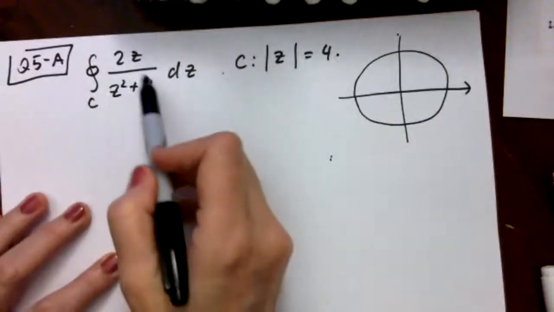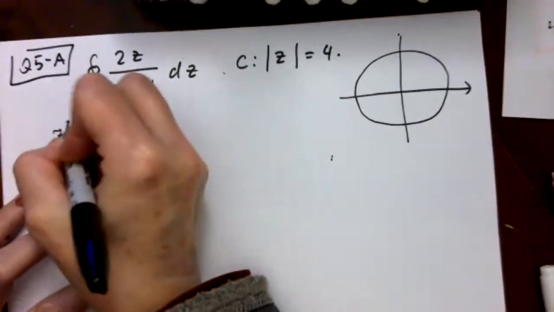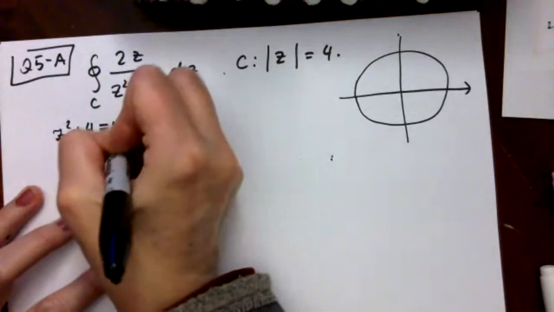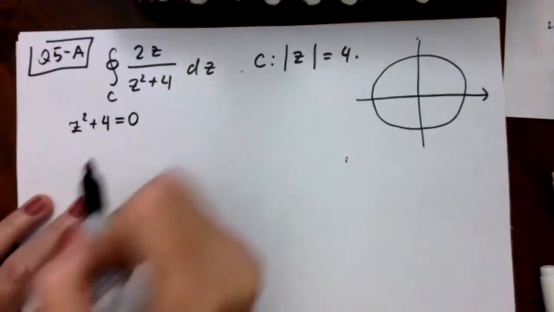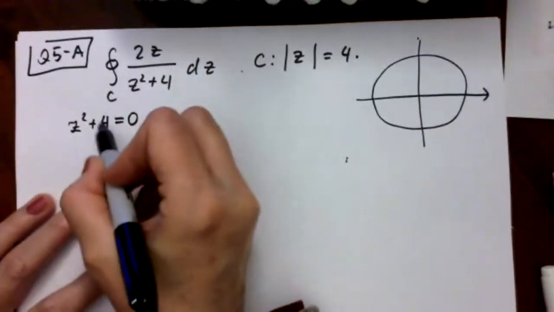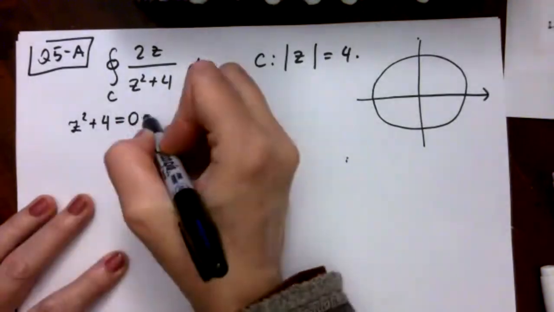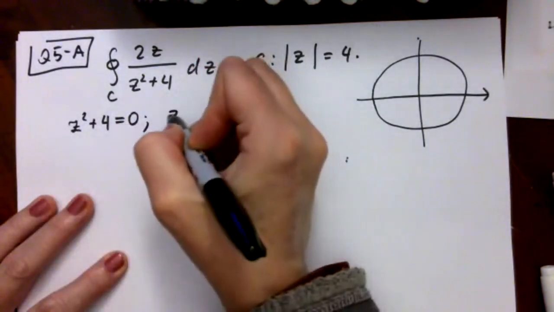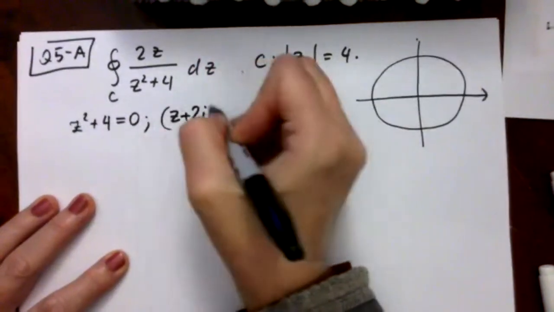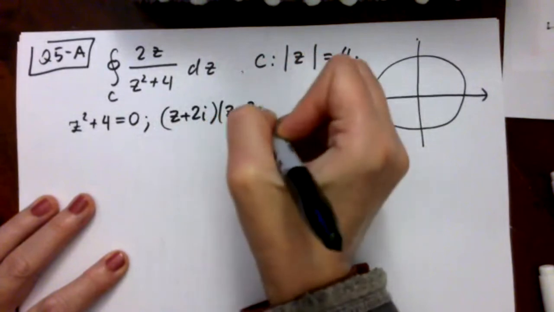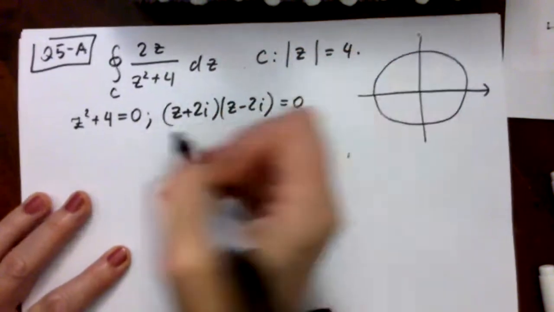What about singularity points? We need to put our denominator equal to 0. And of course, you remember from the previous example that this expression can be factorized like z plus 2i times z minus 2i is equal to 0.